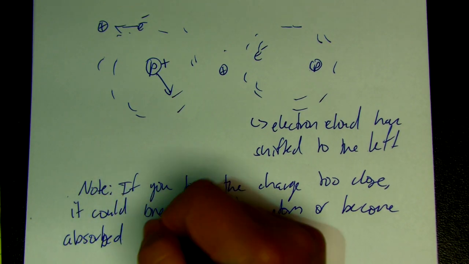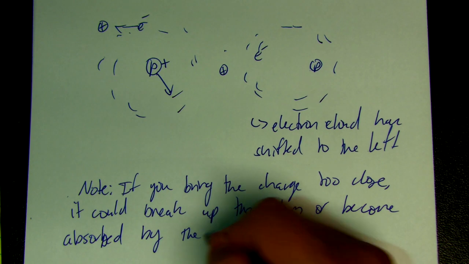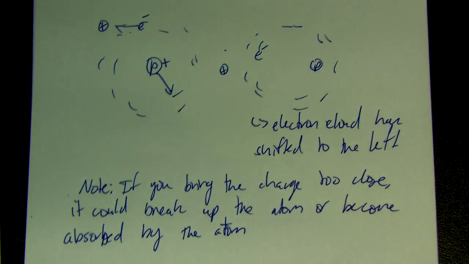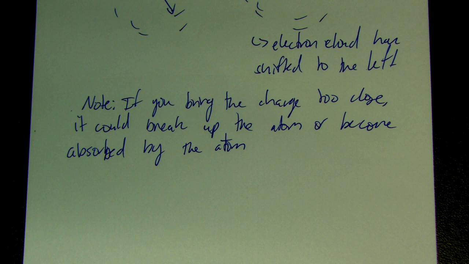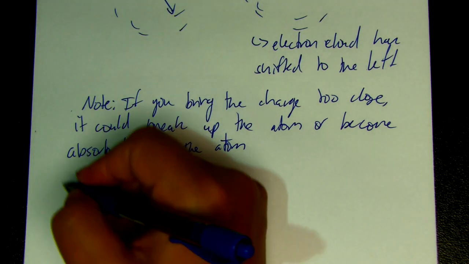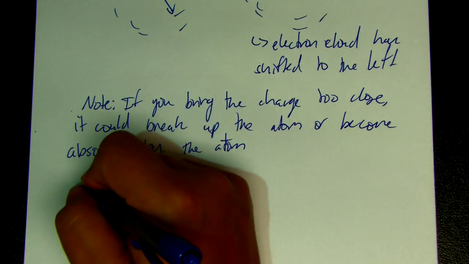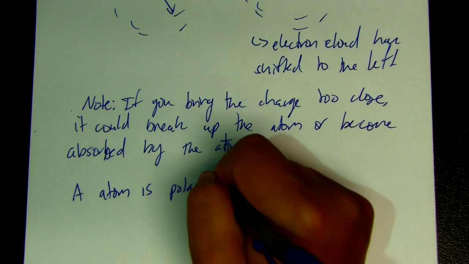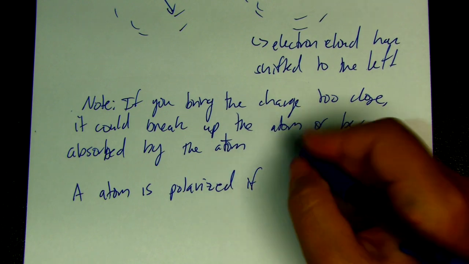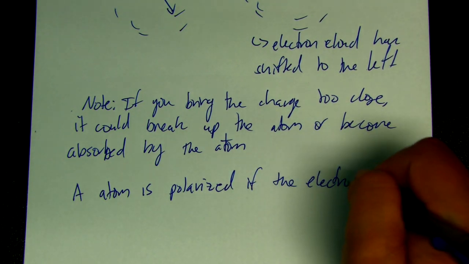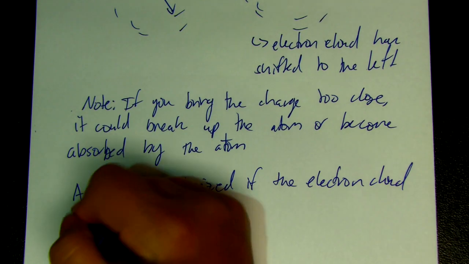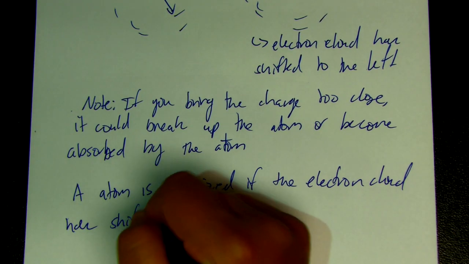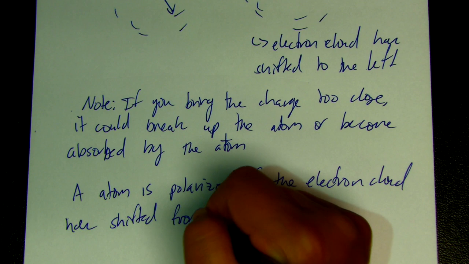So what we are talking about specifically is where it is close enough to shift the electron cloud, but not close enough to disturb the atom. And so what has happened is we've polarized the atom. So an atom is polarized if the electron cloud has shifted from an external charge.